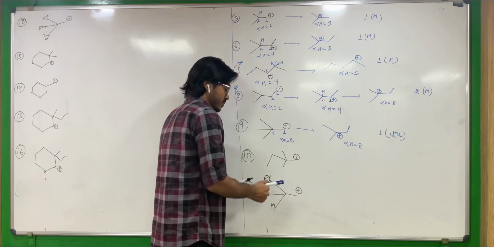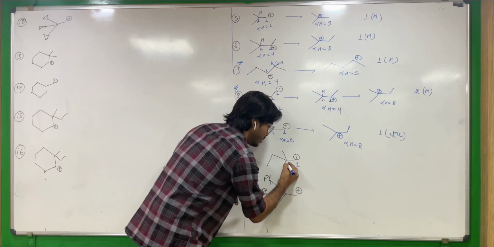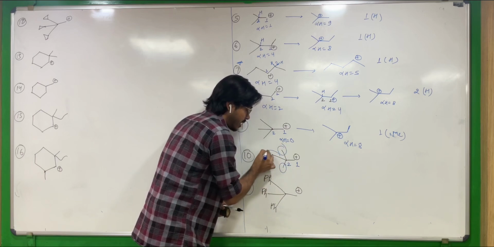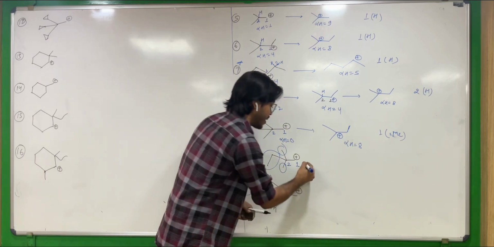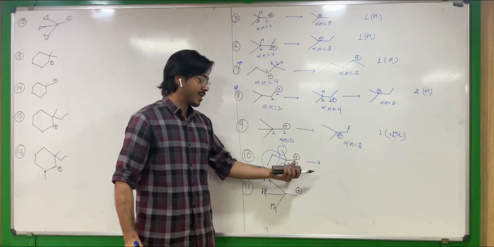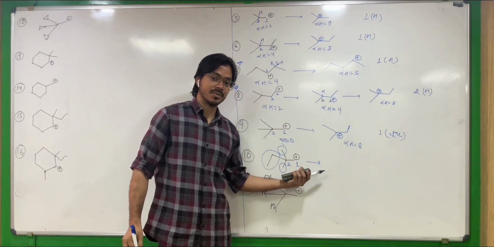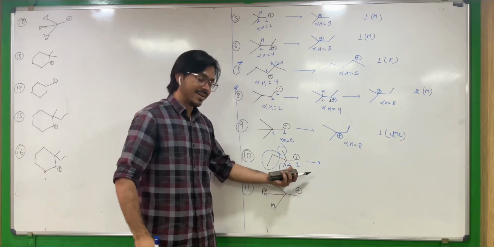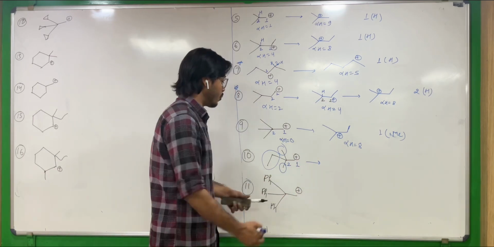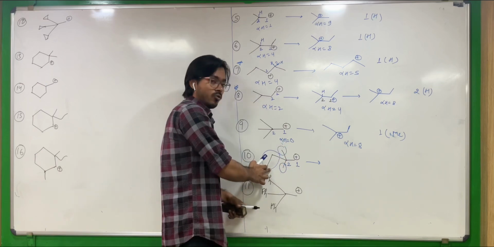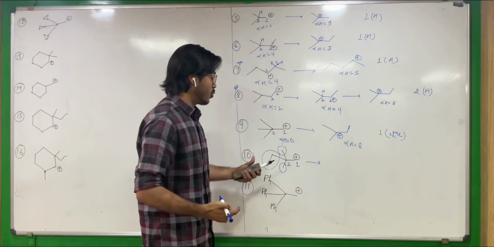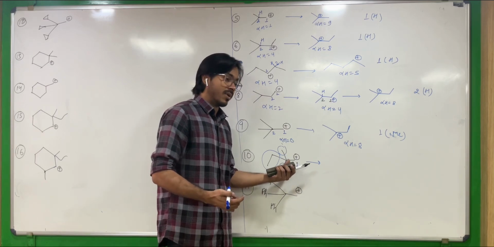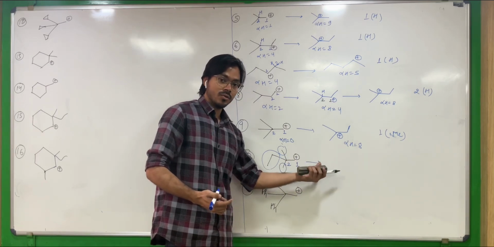Now see this example. If this is carbon number 1, this is carbon number 2. On this carbon, two methyl groups and one ethyl group are present. Which group will migrate? This carbocation is very less stable because the number of alpha hydrogens is 0, so it will rearrange itself to gain stability. Which group will migrate between the methyl group and the ethyl group? You have seen that a larger alkyl group migrates first compared to a smaller alkyl group.